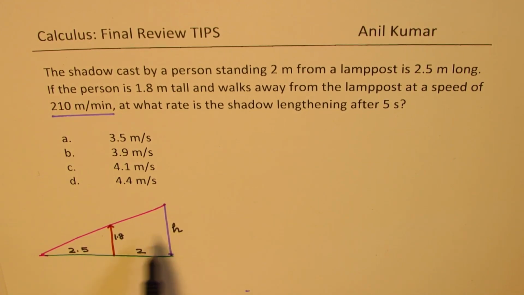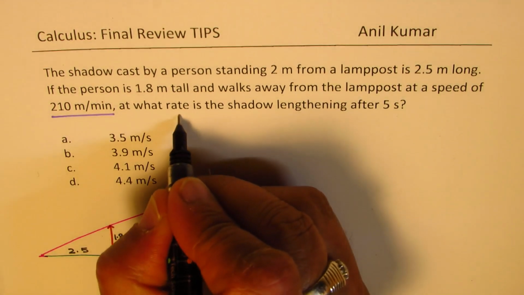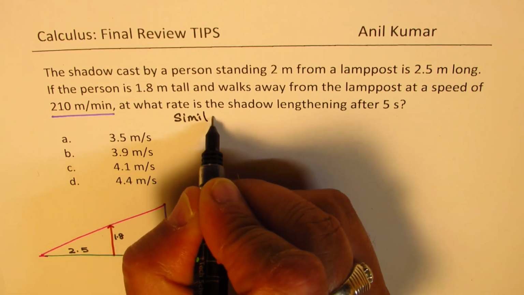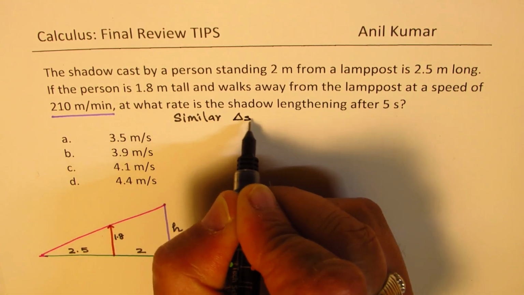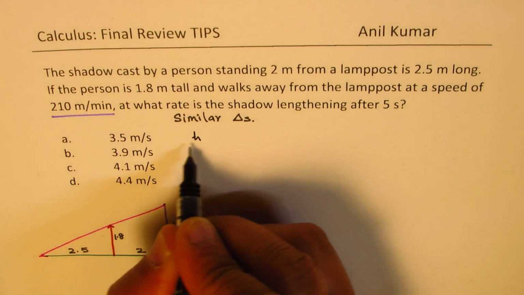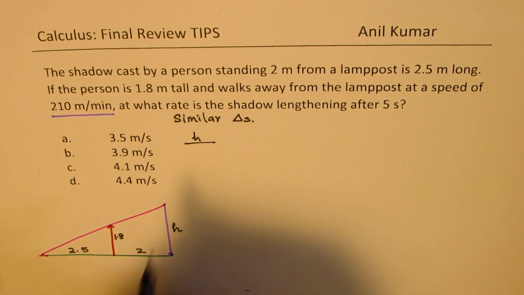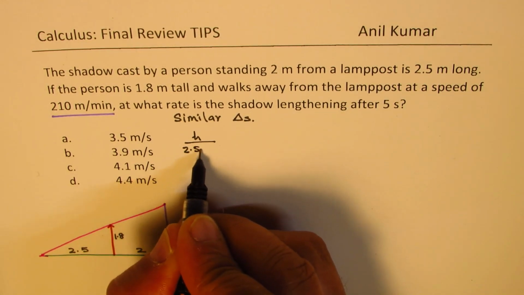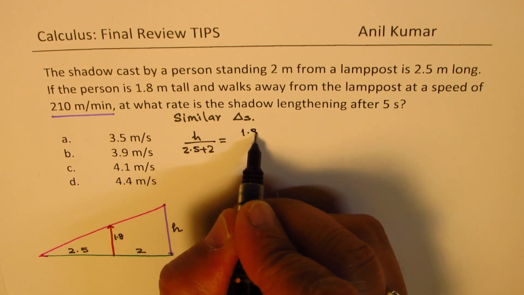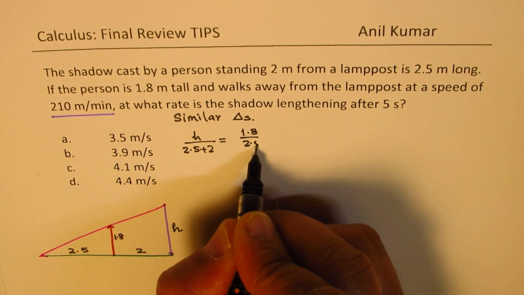Okay. So let's find the height using similar triangles. So in such questions, we are basically using similar triangles. So if you look into the big triangle, h over 2.5 plus 2 is equal to 1.8 over 2.5, correct?